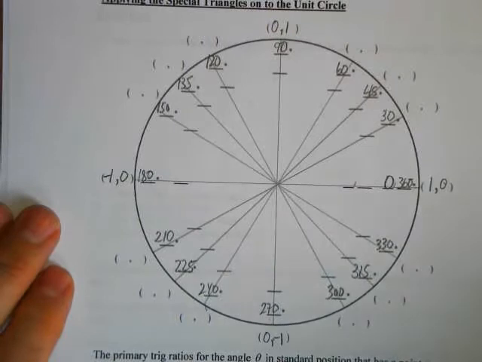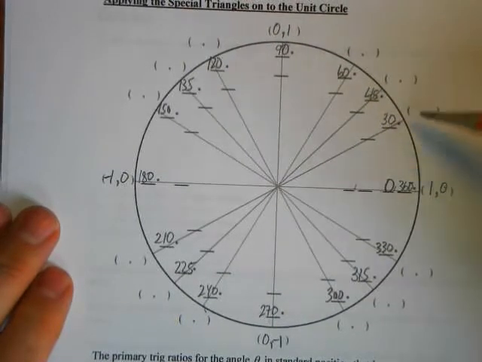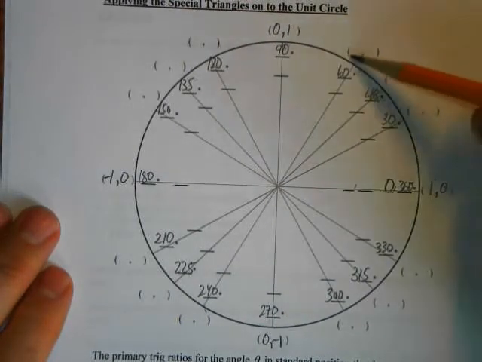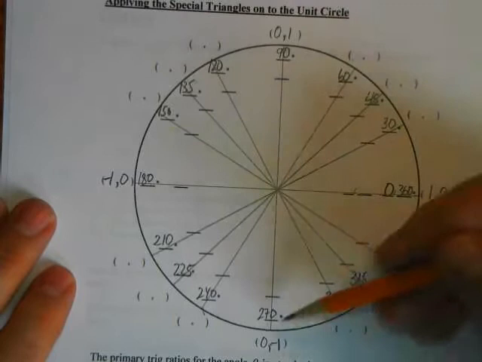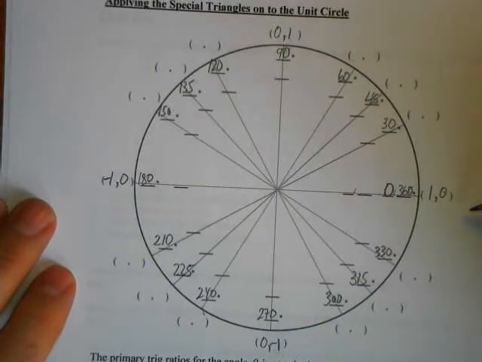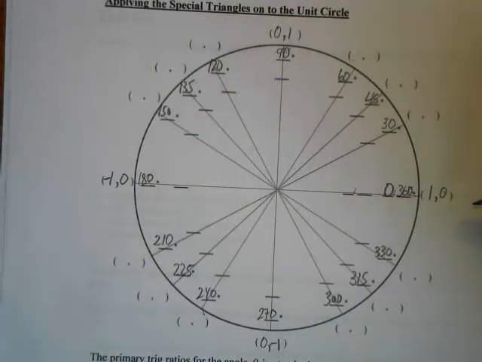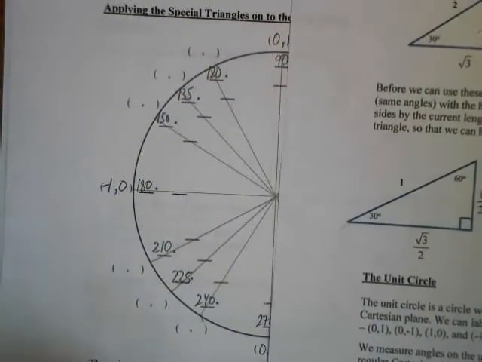Okay, so now our goal is to figure out what the coordinates are for these other angles. And they're not obvious like the 0s and 1s and negative 1s are. They're not going to have really nice numbers, at least most of them won't. So this is where we bring in our special triangles.